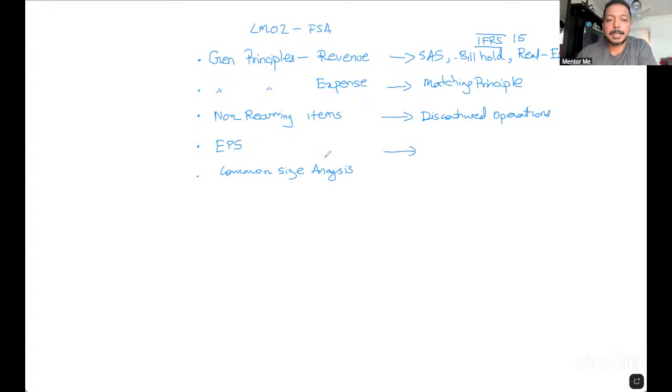And then there is EPS. The reason why we calculate EPS is that a company usually does not have very simple investors. They might have ordinary equity shareholders, the ones who buy the common shares, but they might also have preference shareholders. The company might also take a debt from the market and come up with a structure where the debt can get converted into common shares.